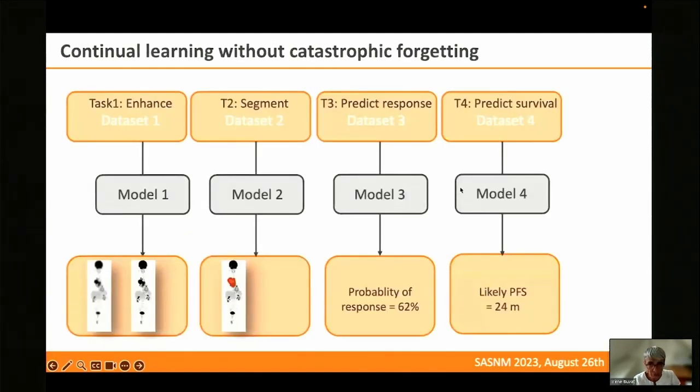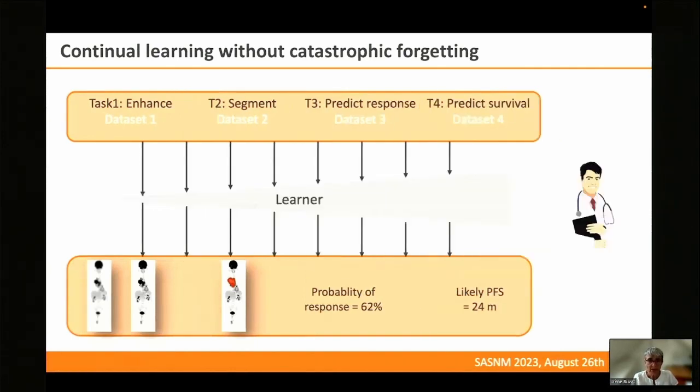So at the moment, you have to realize that many groups are developing independently AI models to solve many different problems for image enhancement, segmentation, prediction, and so on. But all these models are developed completely independently.